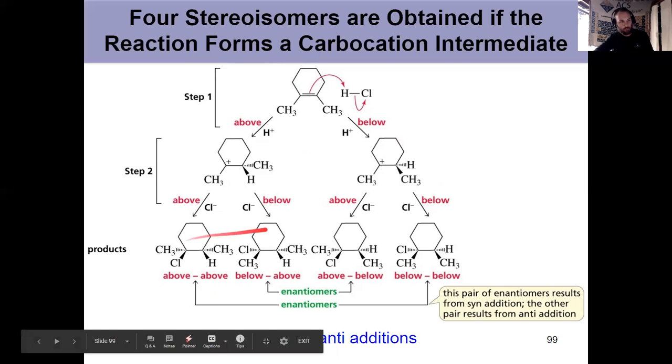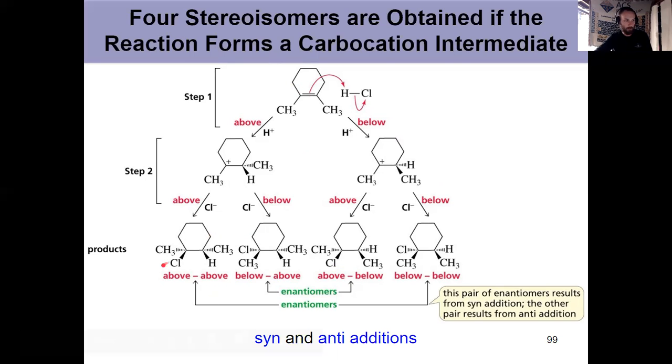You end up with those 4 combinations of above and below. Because in the first step, when you're adding the hydrogen electrophile, it can happen on the top or the bottom of the plane of this dimethyl cyclohexene here. So I had the hydrogen on the top or on the bottom, above, below.